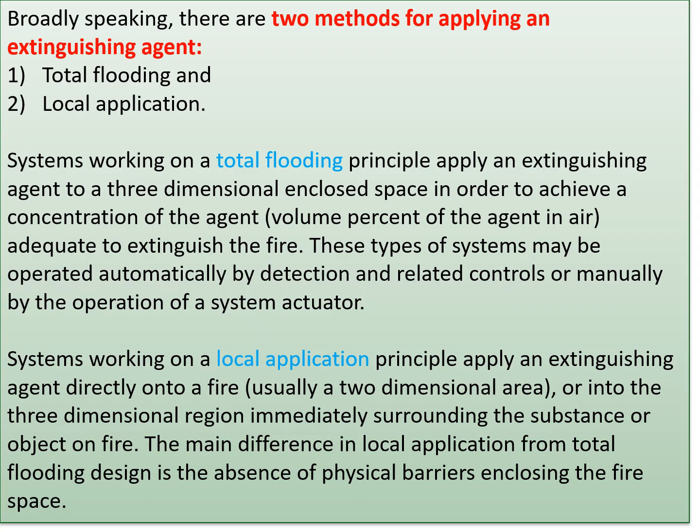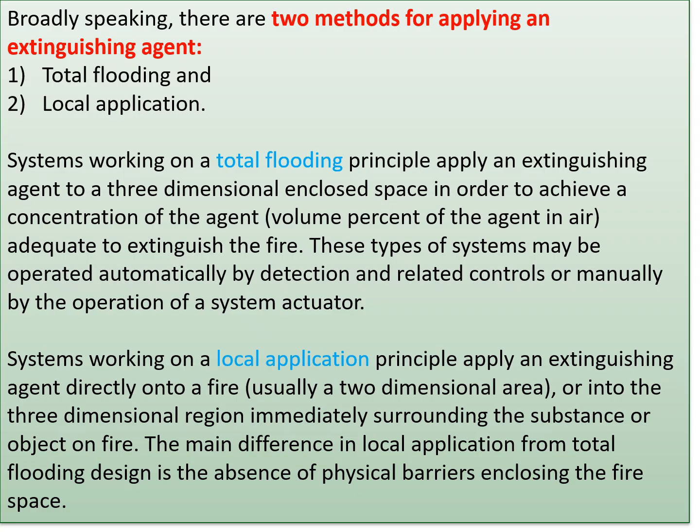Systems working on a total flooding principle apply an extinguishing agent to a three-dimensional enclosed space in order to achieve a concentration of agent, volume percent of the agent in the air, adequate to extinguish the fire. This type of system may be operated automatically by detection and related control or manually by operation of a system actuator.